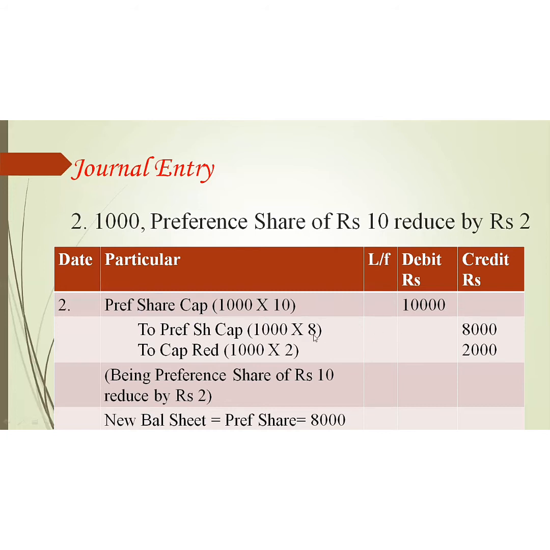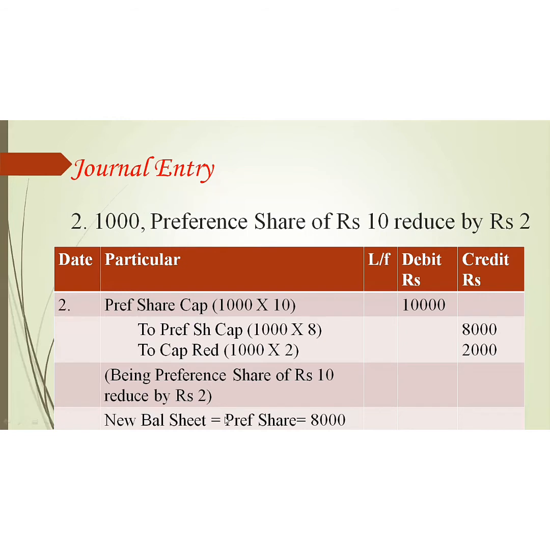8 rupees, that is 8,000, and here the reduction is only for 2 rupees, and therefore capital reduction account is credited by 2000. Reduction of share capital is a gain. As we say in the capital reduction account, debit all the expenses and losses and credit all the income and gains.